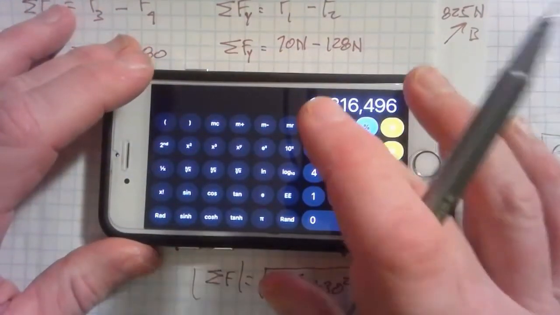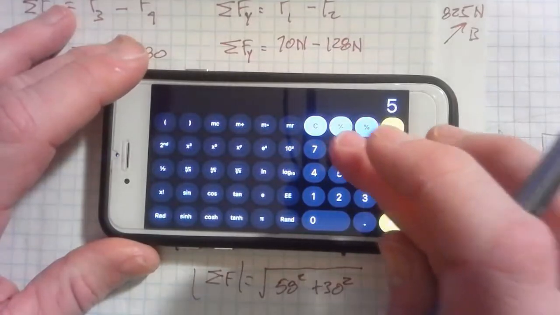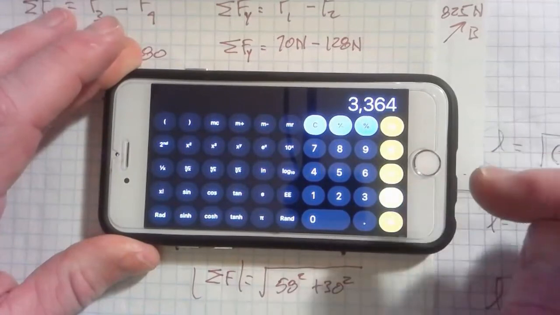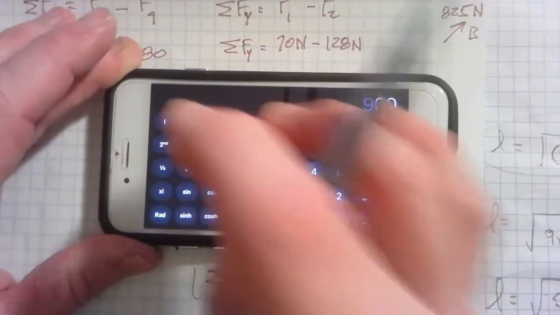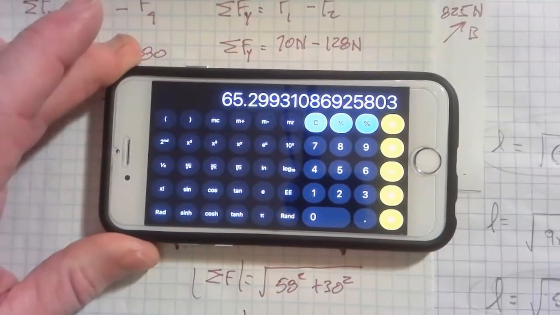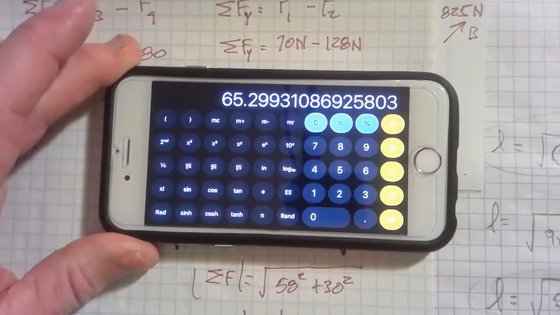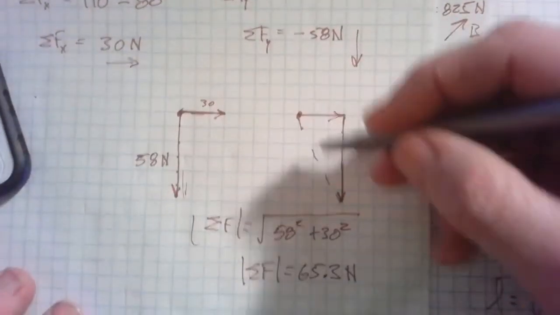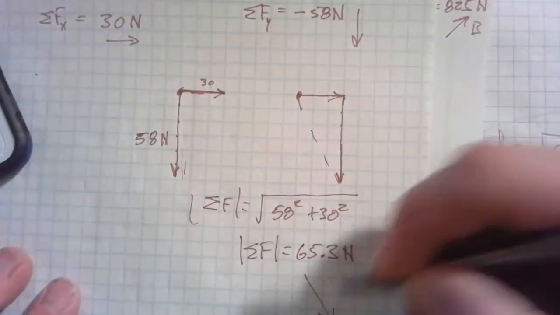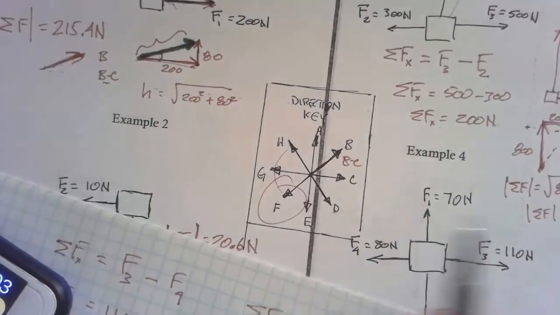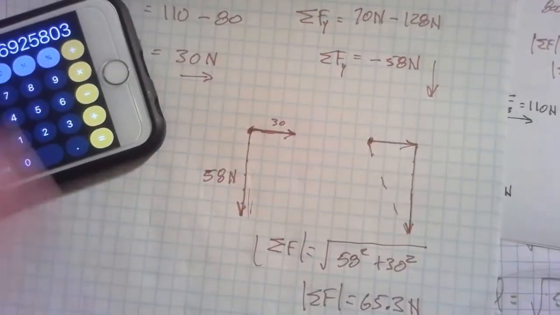Then plus 30 squared. Got an answer, and then hit square root. So that means the magnitude of the net force, the size of it, is 65.3 newtons. And its direction is down and to the right. So if I was using one of these little descriptors, I would say D. All right? There we go.